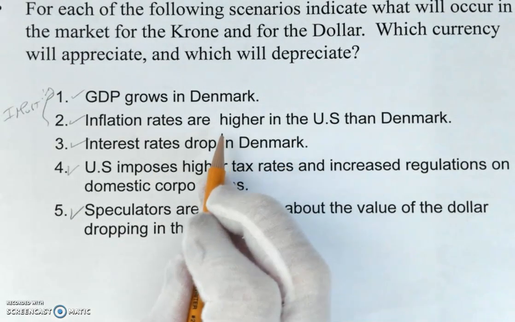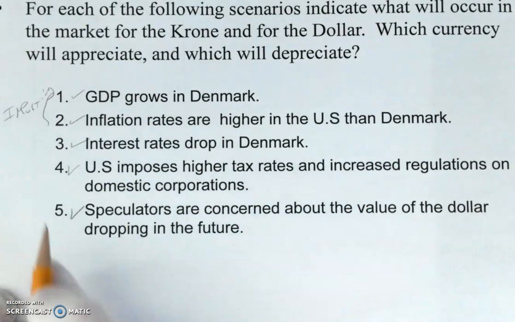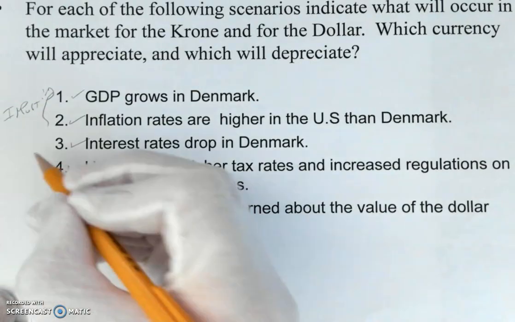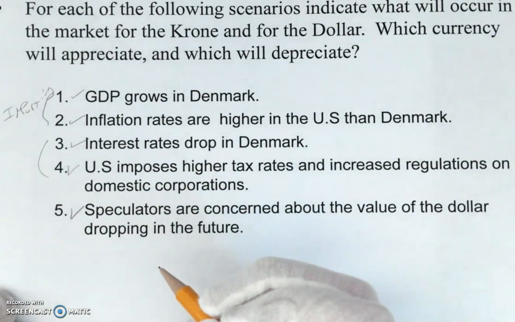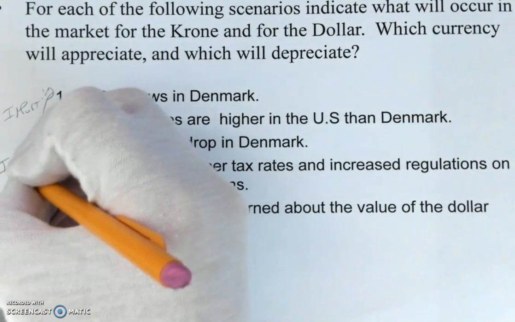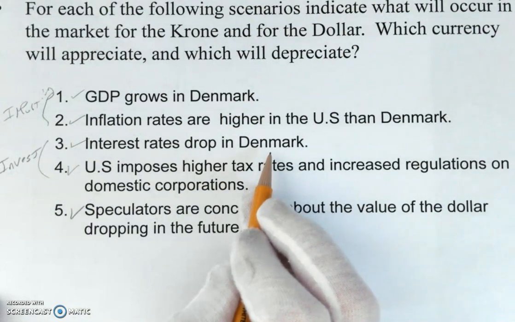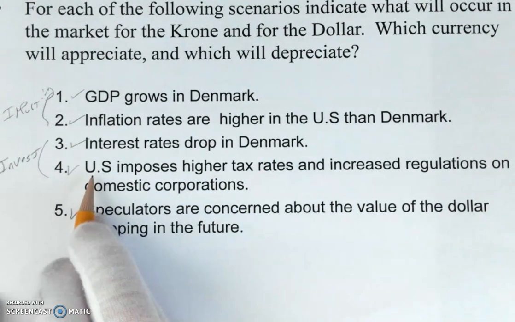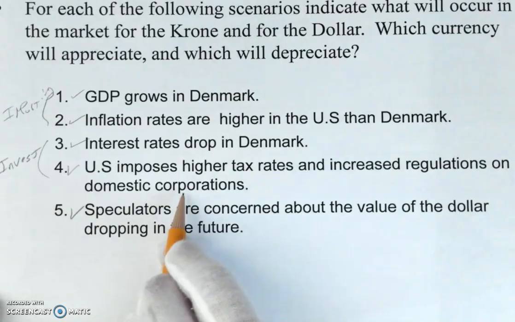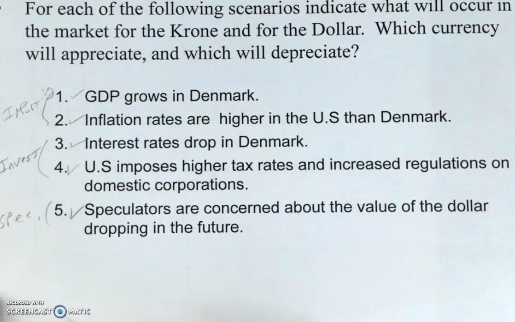People want to import more from Denmark than the U.S. So this all has to do with importing. These 2 have to do with investing. Interest rates, or the return on an investment. Regulations, taxes affect the return on an investment. And then this one is obviously speculation.